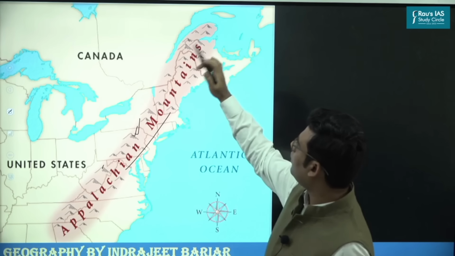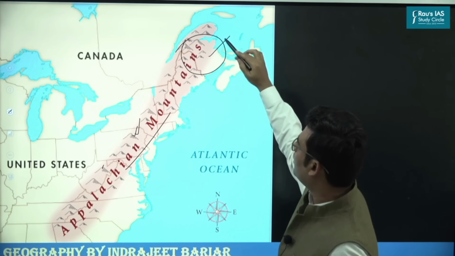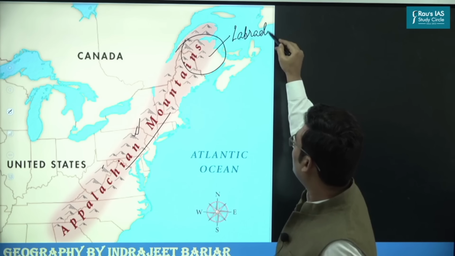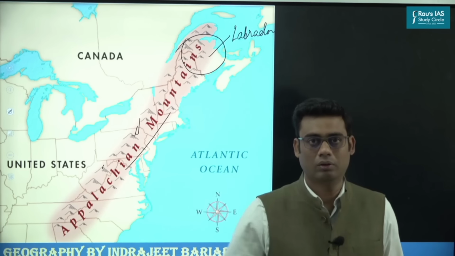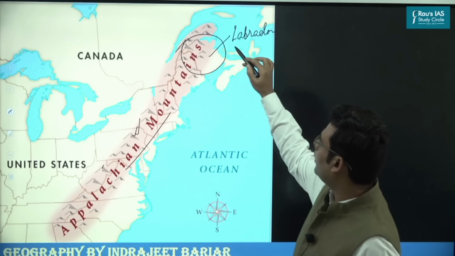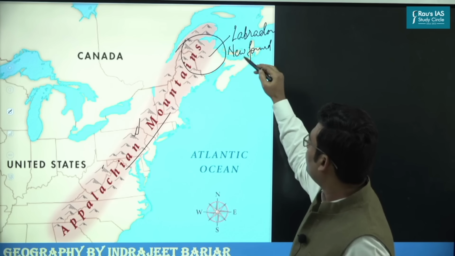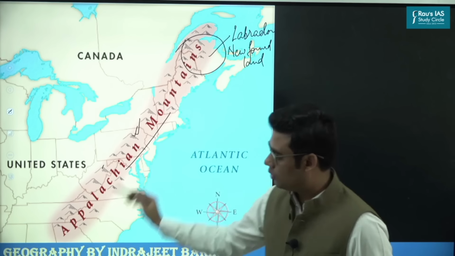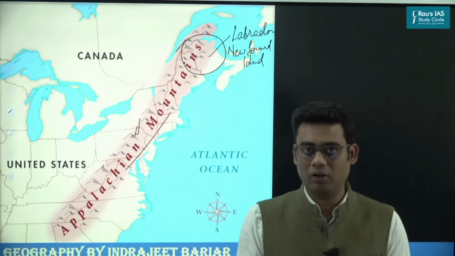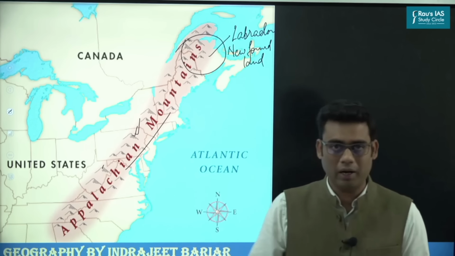But in addition to that, we include the Labrador Highlands and the Newfoundland Highlands. So the Eastern Highlands are a combination of the Appalachian Mountains, Labrador Highlands, and Newfoundland Highlands.